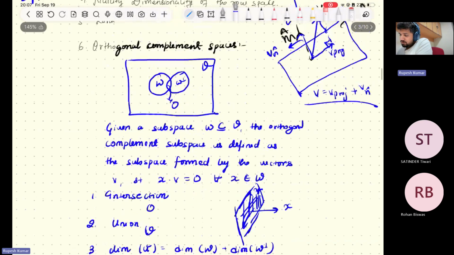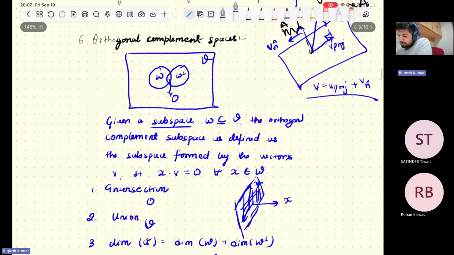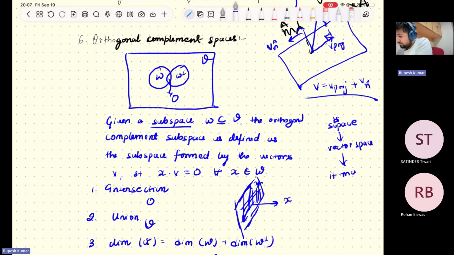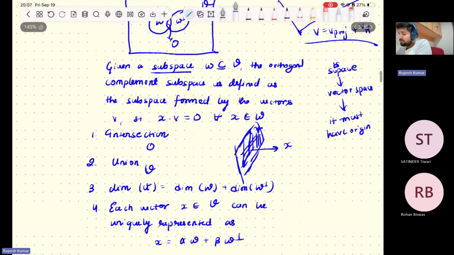So we are always talking about vector space, subspace, right? A subspace is itself a vector space. And what is the first definition of a vector space? It must have the origin, right? So which planes are perpendicular to the x-axis and have the origin?